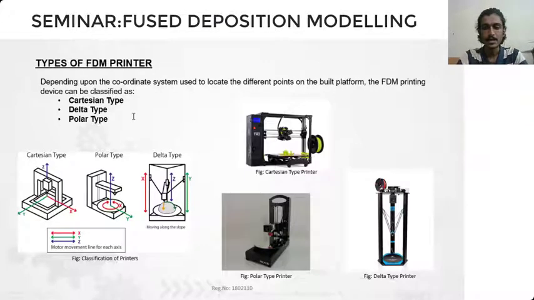In Delta type, the print bed is fixed and the print head moves in all three axes. In Polar type, the print bed is able to rotate upon the Z axis and is also capable of moving along the XY direction, whereas the print head can move along the vertical axis, that is the Z axis.